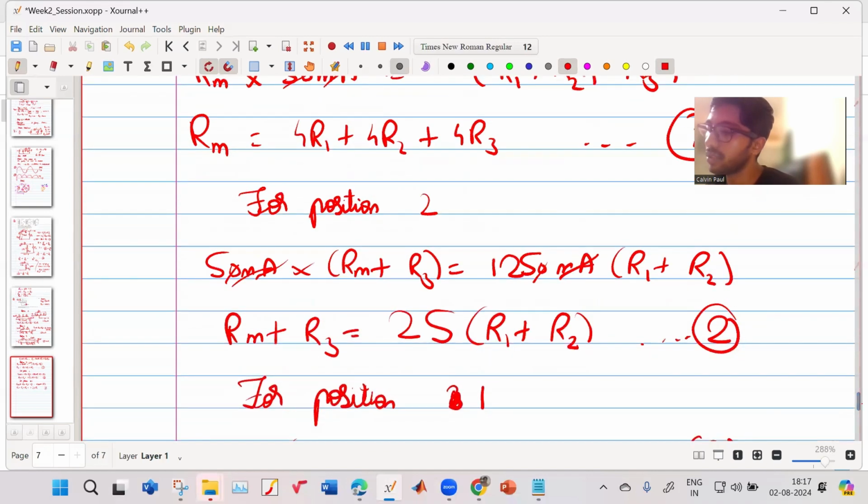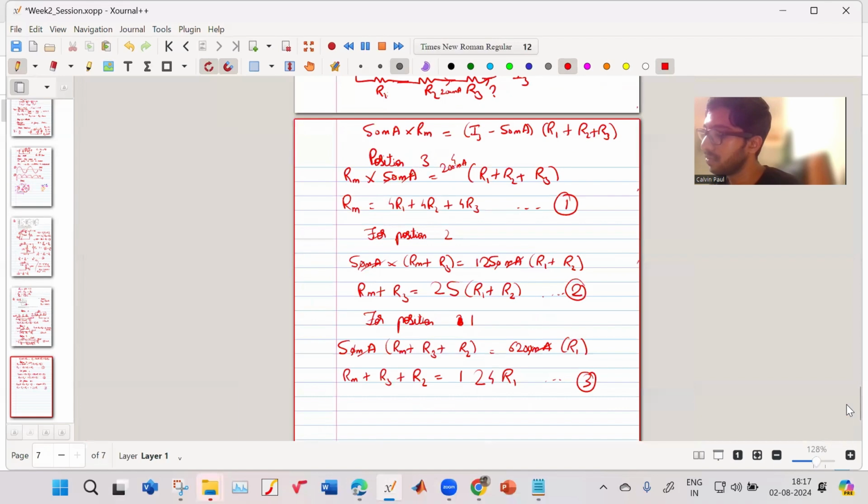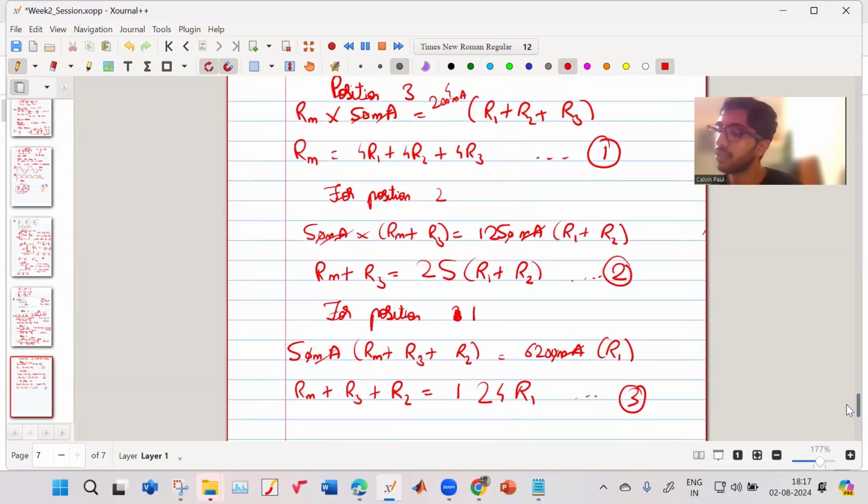So now how will we solve this? We have 3 equations. Rm is 4R1 plus 4R2 plus 4R3. Or Rm plus R3 is 25 into R1 plus R2. Or Rm plus R3 plus R2 is equal to 124 R1.